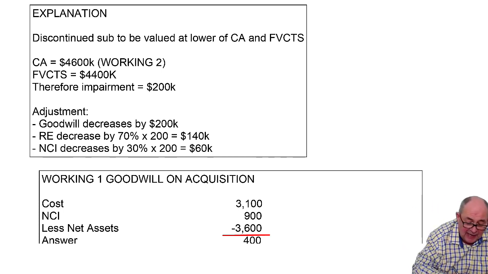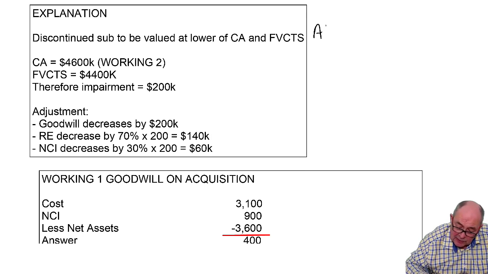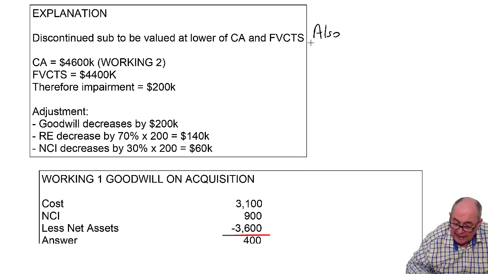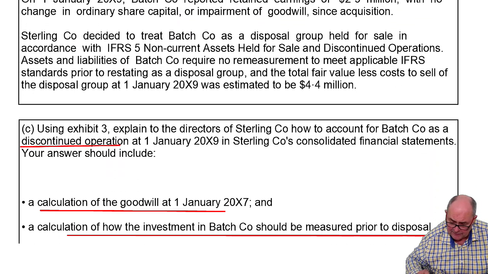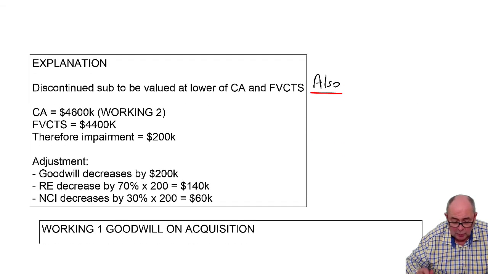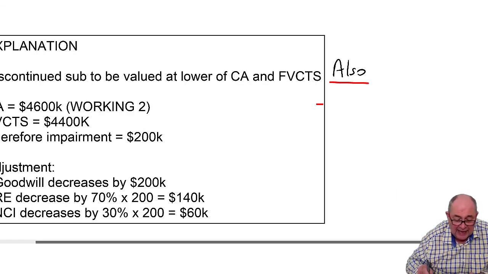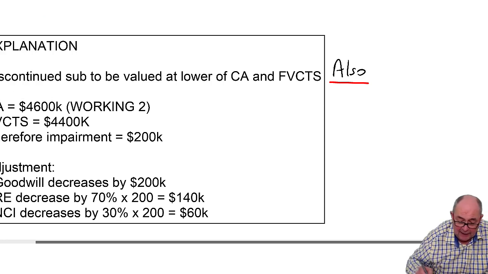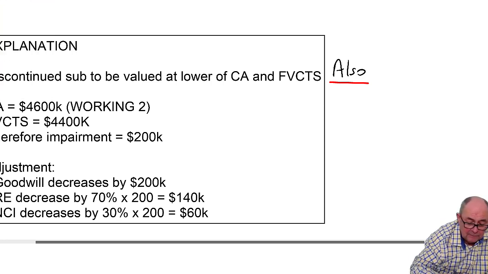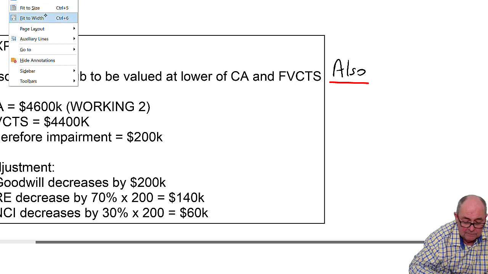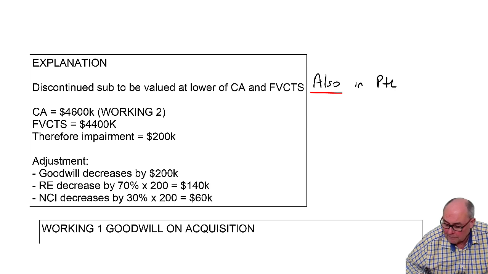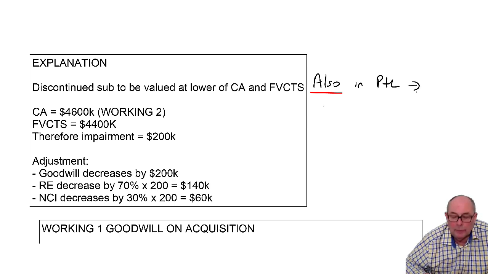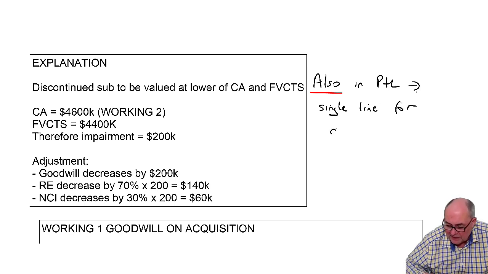So I'd also want to say that in the profit and loss account, it will be shown as a single line for the discontinuance.